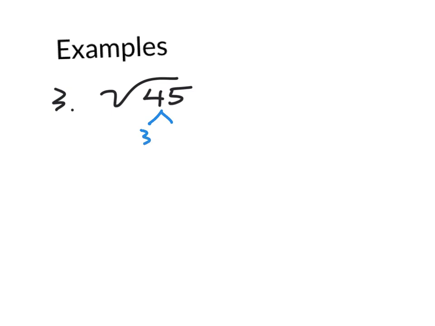So let's say it's 3 times 15, all right? And then we keep working with 15, and we know that it's 3 times 5. All right? Well, now, again, you have all prime numbers, but you do see that there are two 3s. They come outside, so their answer would be 3 times the square root of 5.